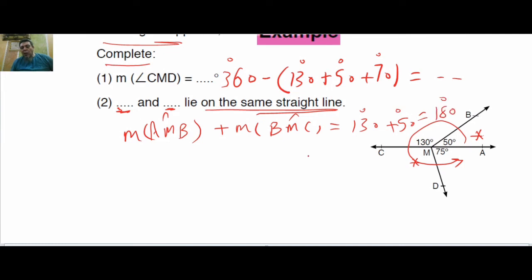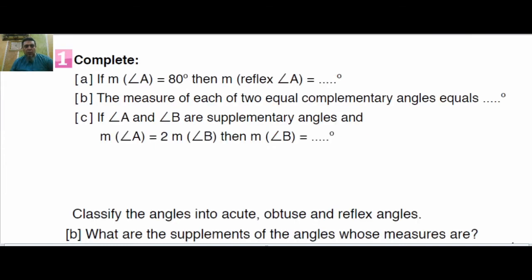The two angles are adjacent. So ray MC and ray MA lie on the same straight line.